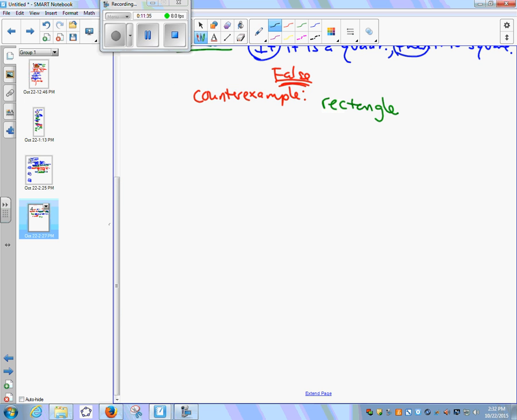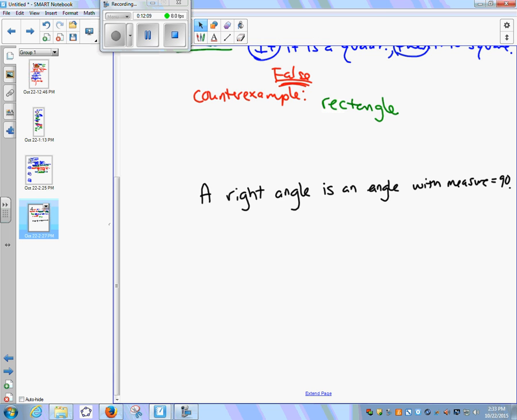So let's come up with an example. A right angle is an angle with measure equal to 90. So we could go through this same process.